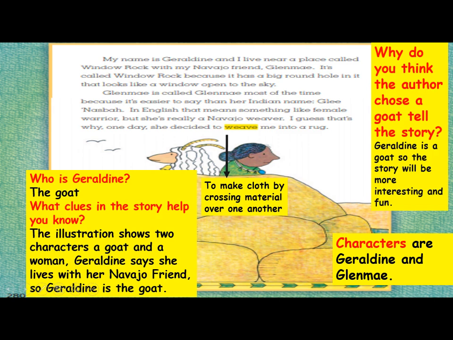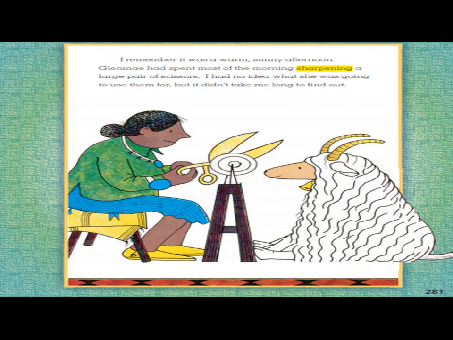From the first two paragraphs, we know the characters, Geraldine and Glen May, we know the setting, Window Rock, and we know the nationality of her friend. She's a Navajo. All right, now let's move to page 281.